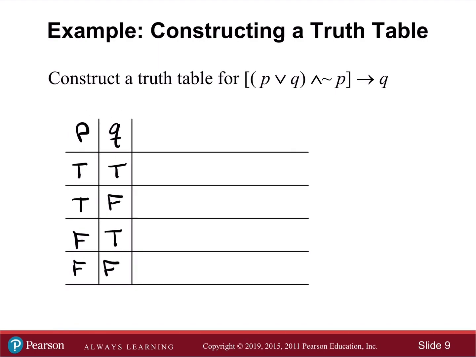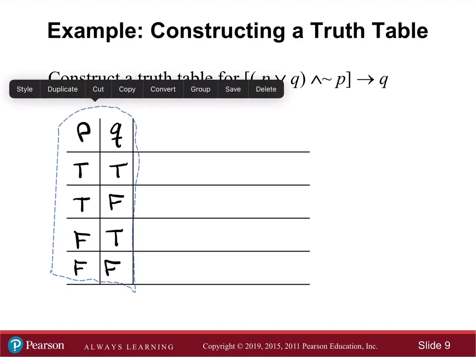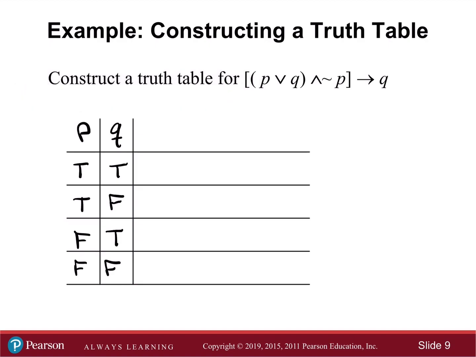Let's get a copy of the compound statement. So we have this: P or Q and not P implies Q.